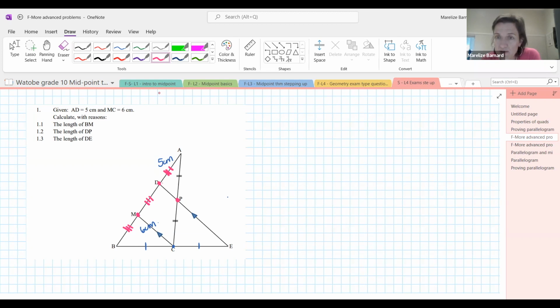Come, some more answers. Yeah, so you always start with what is given. What was given is that we have a midpoint at C and we have a midpoint at D. And then from there on, it's pretty straightforward. Okay, so BM is 5 centimeters. Now what is going to be the length of DP?